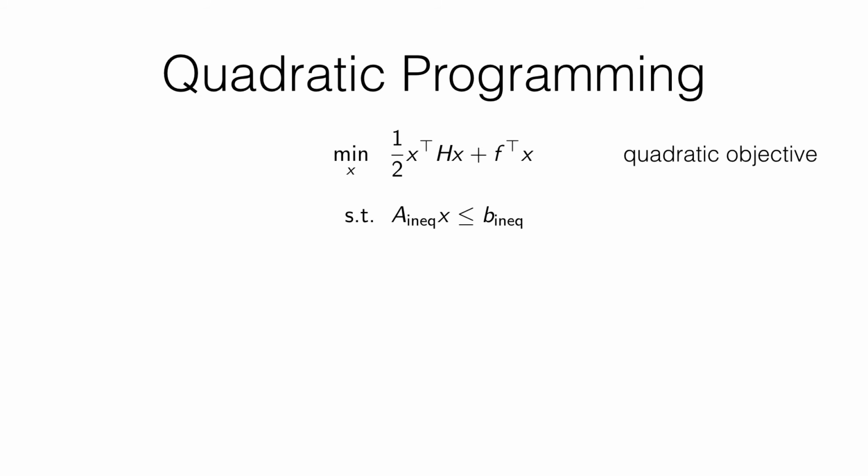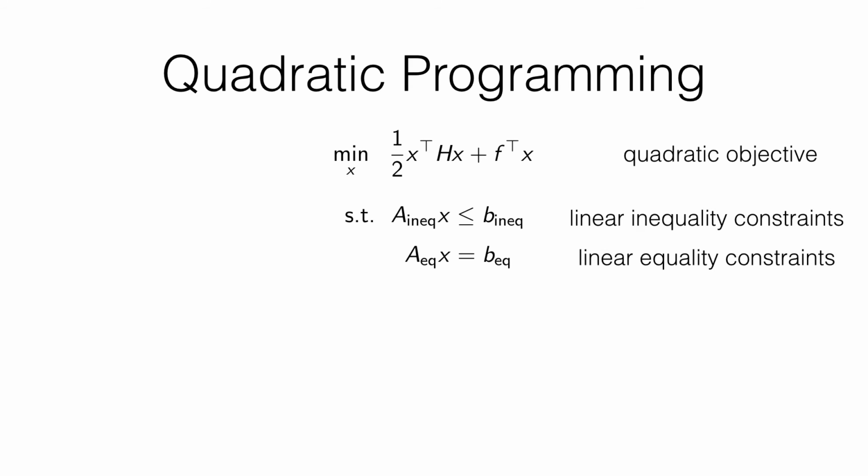So you take some linear coefficients, multiply it by x, and it has to be less than or equal to some constant, and there can be many of them. So it's actually a matrix of linear inequality coefficients, and there's also linear equality constraints. So a quadratic program has a quadratic objective, linear inequality constraints, and linear equality constraints.